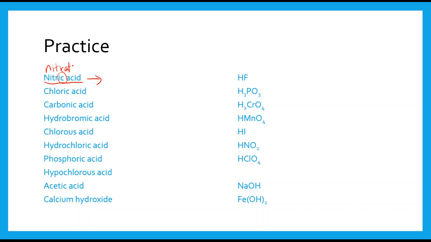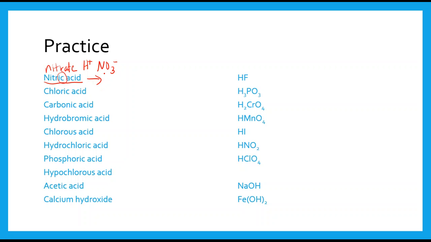What is the formula for nitrate? And the charge. Don't forget the charge. Yes, it's NO3 with a -1. Now, to combine it to do the formula, remember it's always an H+.